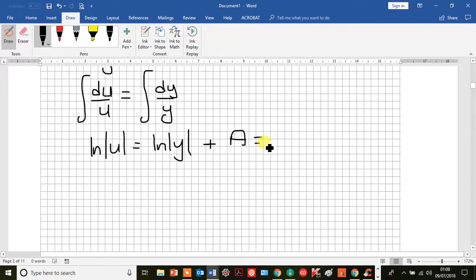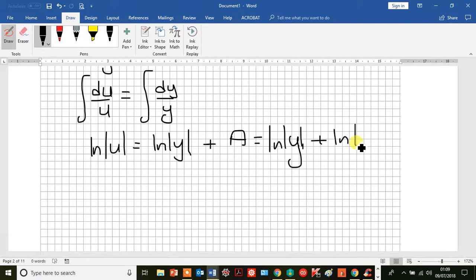Sorry, making mistakes again, let's just erase all of that. And so we've got log of u, actually it is a log of y, isn't it? So log of u is equal to log of y plus the log of, we'll just call it c2.